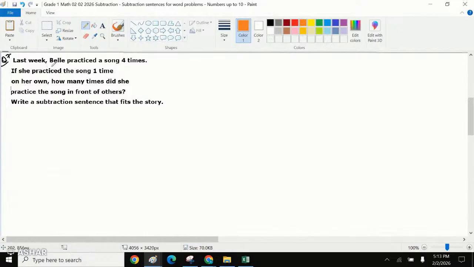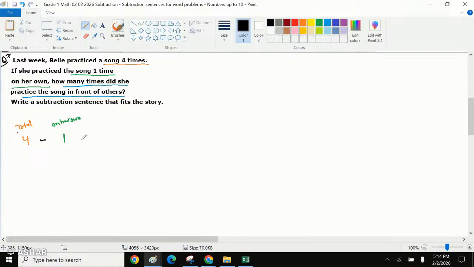Last week, Bill practiced a song 4 times. If she practiced the song 1 time on her own, how many times did she practice the song in front of others? So we can say that the total number of times she practiced the song was 4 times, minus the practice on her own. So 1 time she practiced on her own.